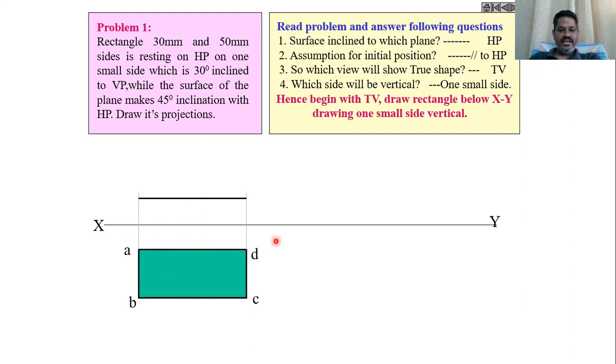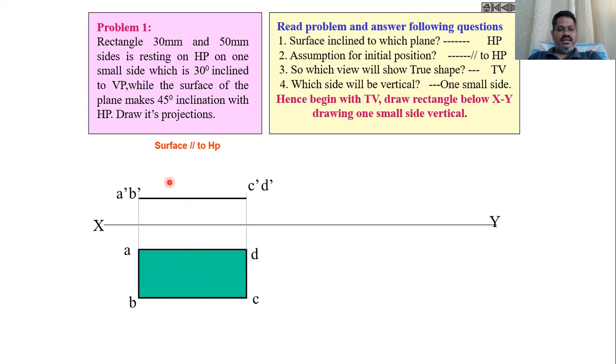From the XY line, we construct the rectangle ABCD at a certain distance, and the front view is a straight line at a certain distance. We have to assume these distances from the XY line. Then I'm naming these points A dash, B dash in the front view; the top view is ABCD. The front view I'm naming as A dash, B dash and C dash, D dash, like this.